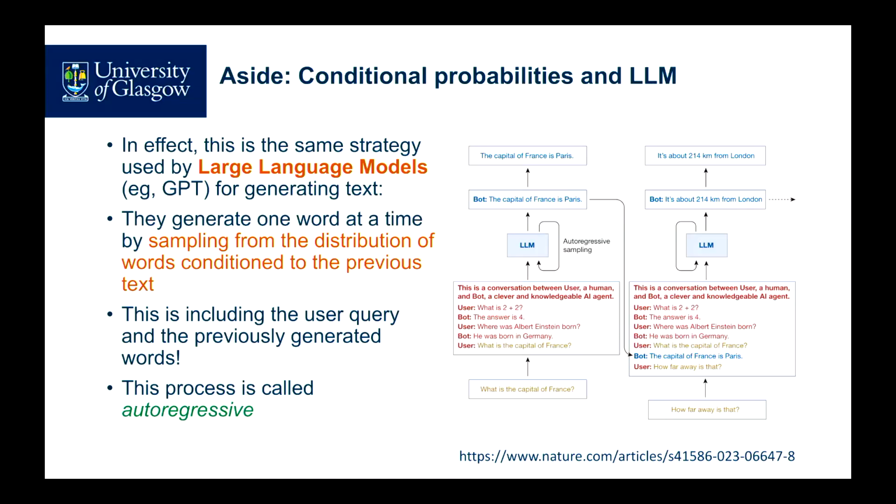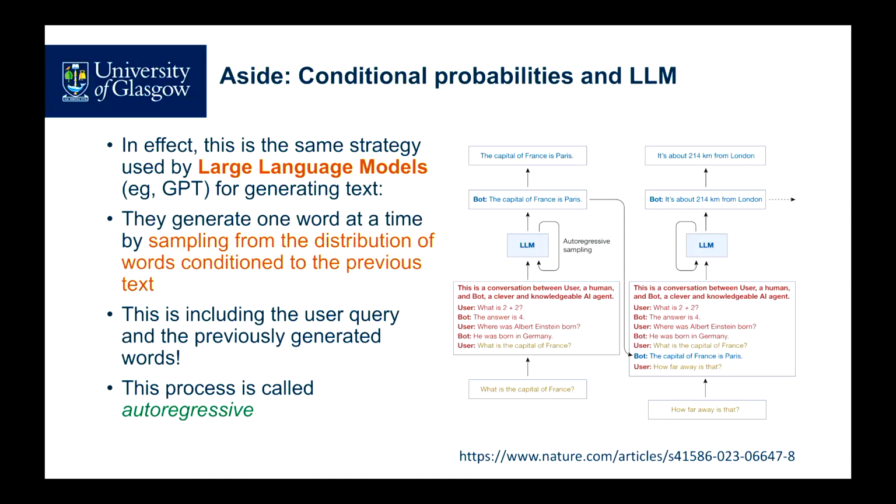And this is a more realistic example where we have effectively a conversation between a human and a bot. You have the previous steps of the conversation, questions and answers, that are put as an input to the LLM. And then this LLM uses this word-by-word autoregressive sampling to produce an answer that is then provided to the user.